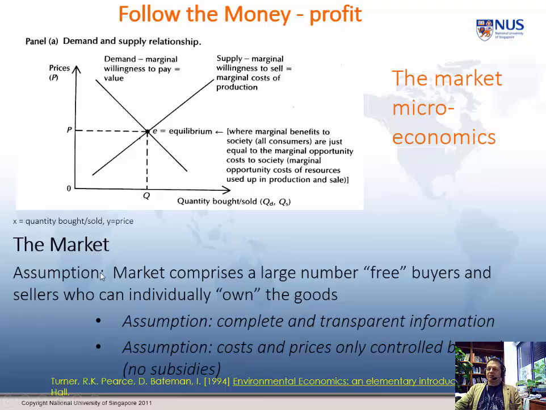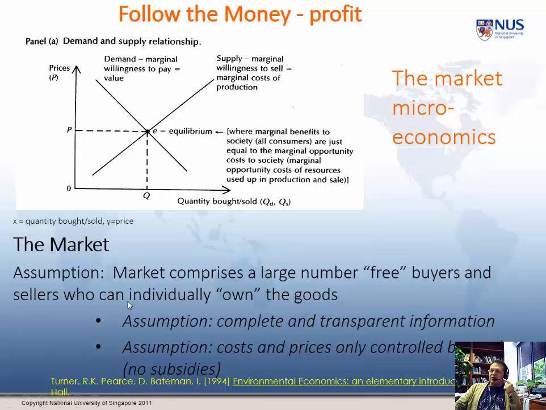The assumption is that the market is comprised of a large number of people who are free to buy and free to sell, and both the buyers and sellers individually own their goods. It's not some esoteric thing. You can buy it and you can take it home and you can own it. So that's the sort of assumption.